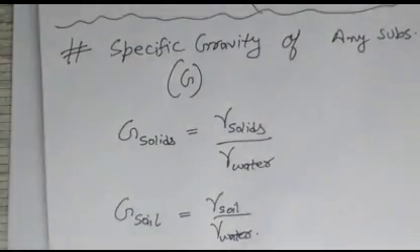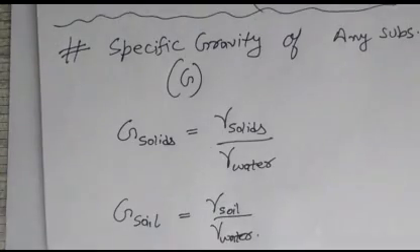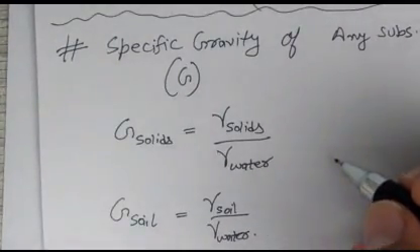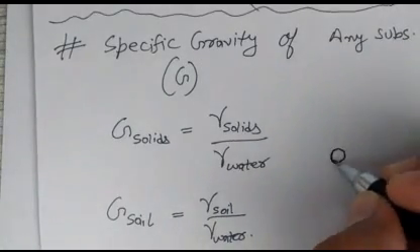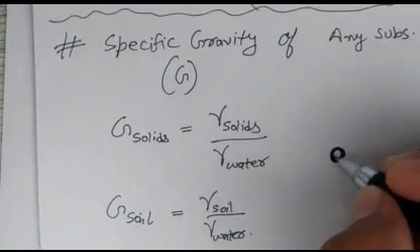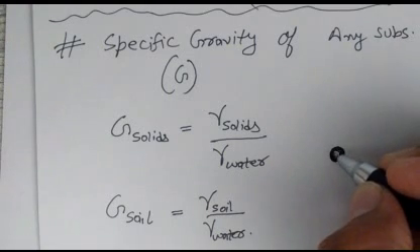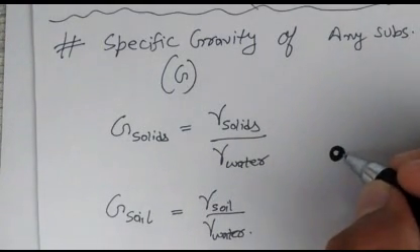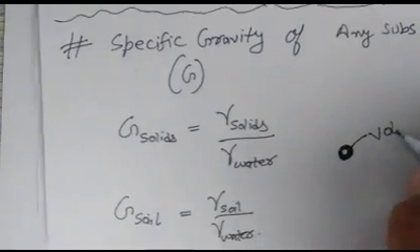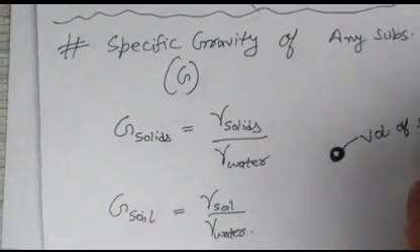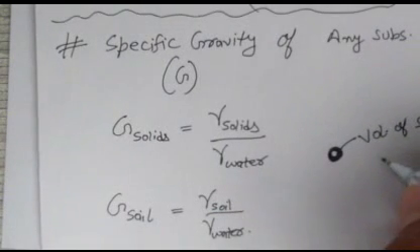Now these two terms are very important. The importance lies here. What we consider an assumption, you can say, is that we have a solid particle. Throughout this subject, the size of this particle won't change, that is, volume of solid won't change.